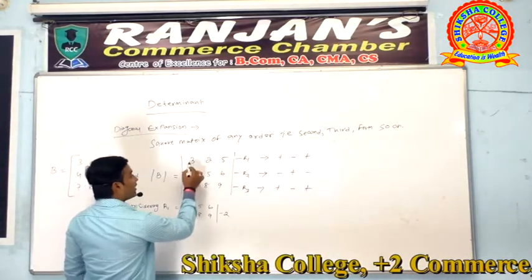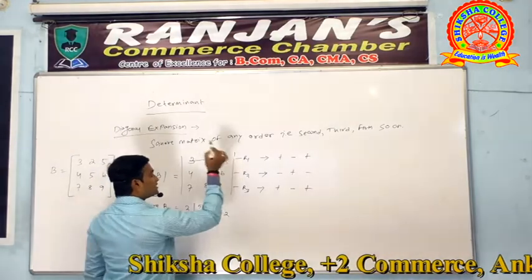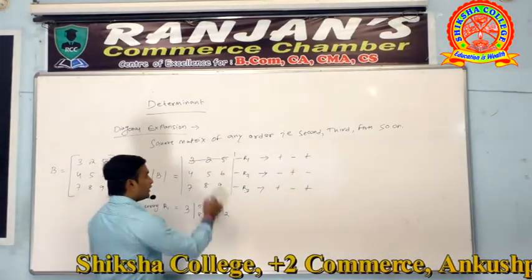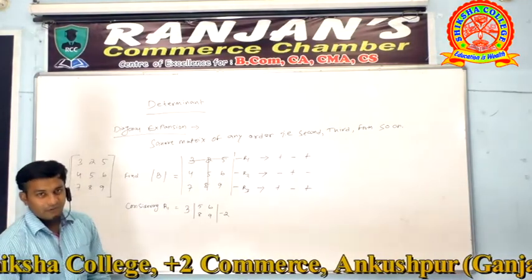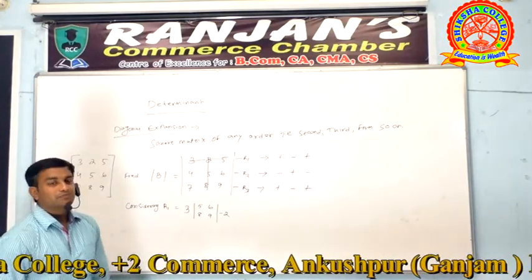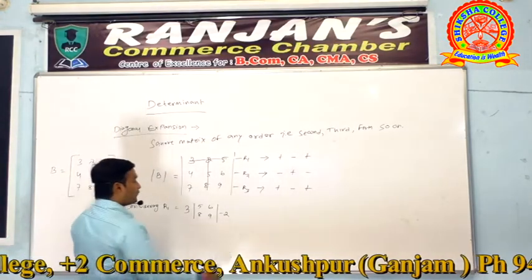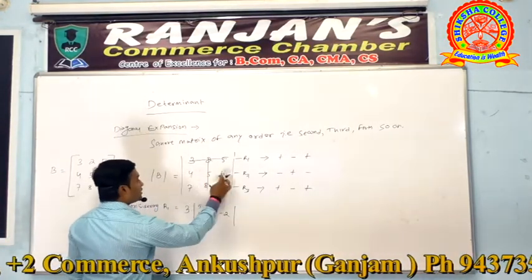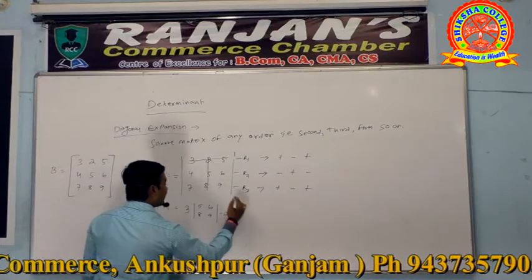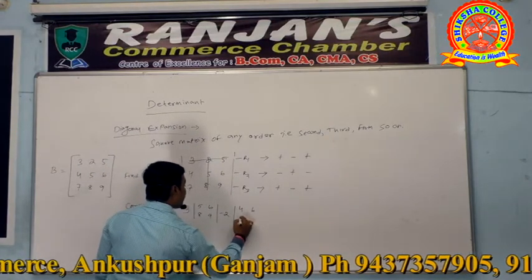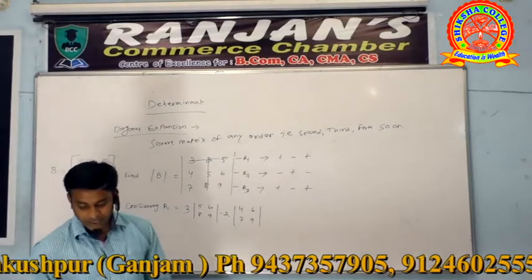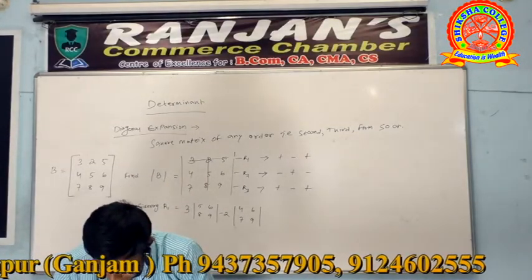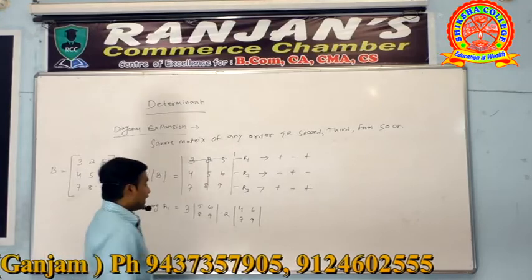Clear? That is the row and that is the column. We delete those. Now what remains? We have 4, 6, 7, 9 remaining. Okay? Clear? Now what remains?